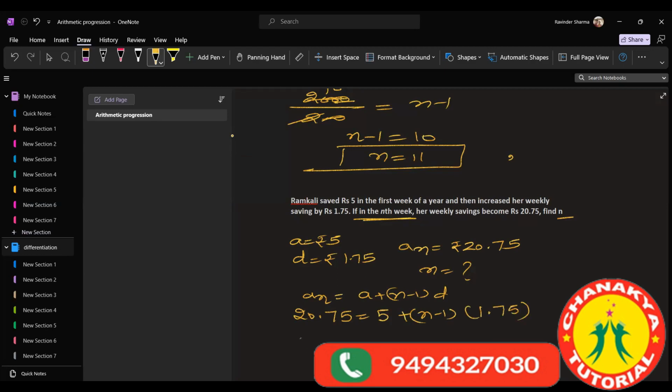Now subtract: 20.75 minus 5 is equal to N minus 1 into 1.75.